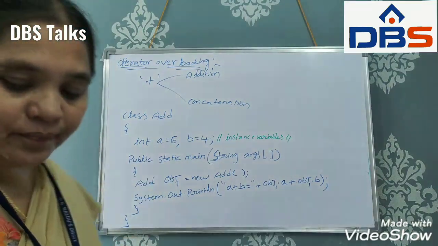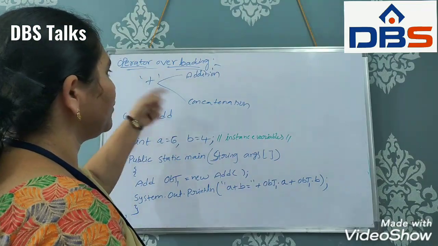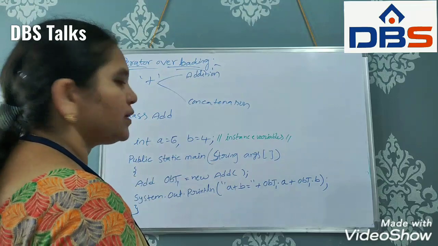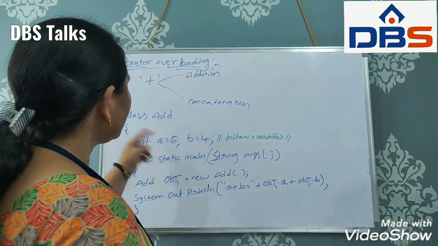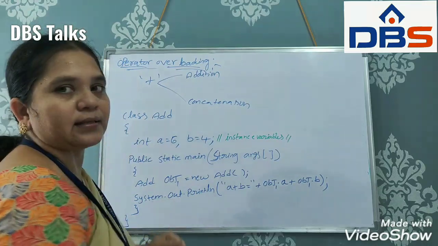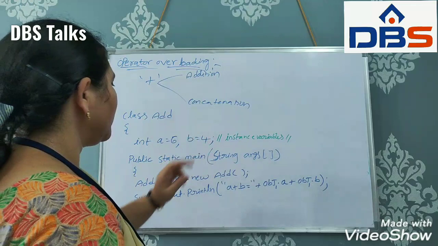This is a small program. Here I want to perform the addition operation with the help of two instance variables. Instance variables means we can initialize the variables in the class, that is int a equal to 6, b equal to 4.